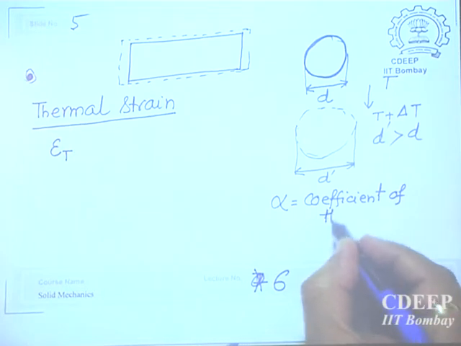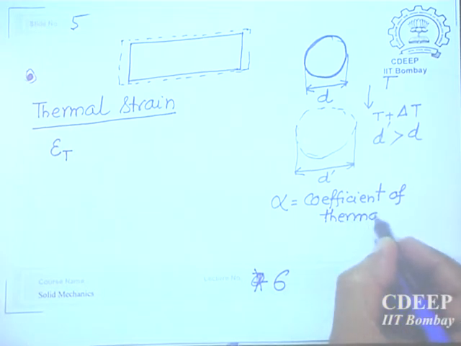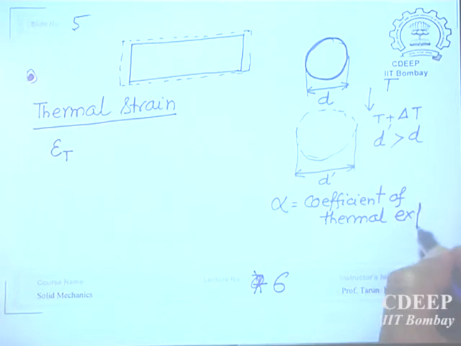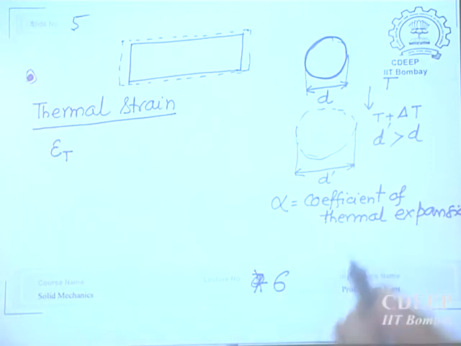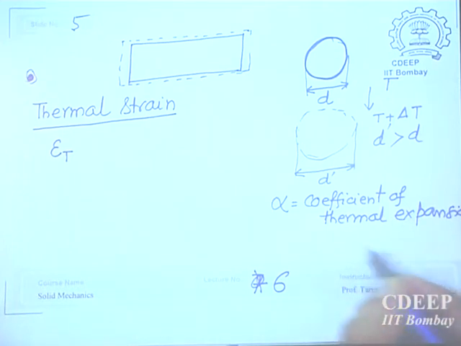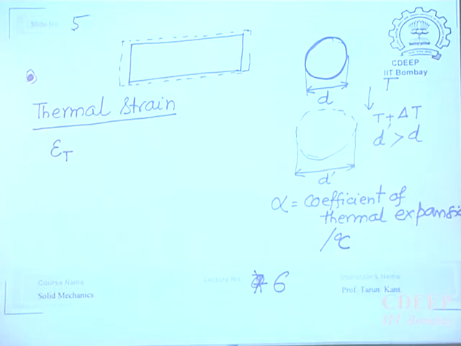And what is the unit of this? Per degree centigrade or per degree Fahrenheit. Okay, let us take it per degree centigrade. No centimeter, no meter, nothing, just divided by so many degrees.